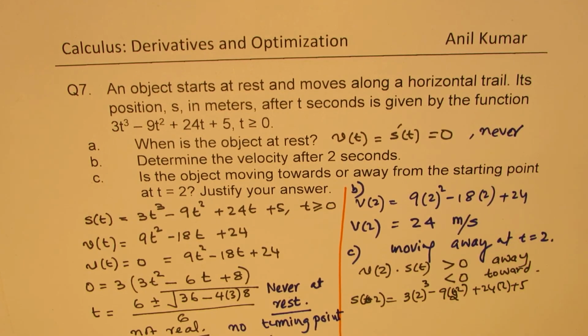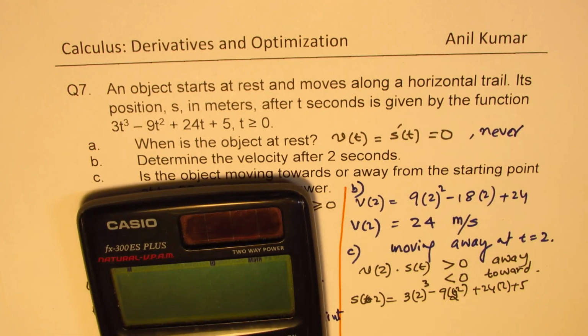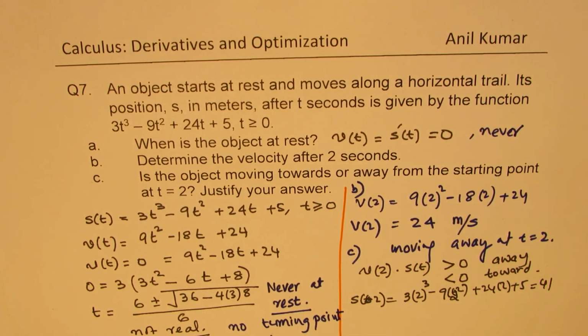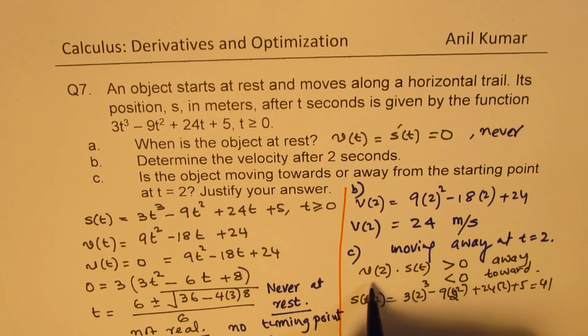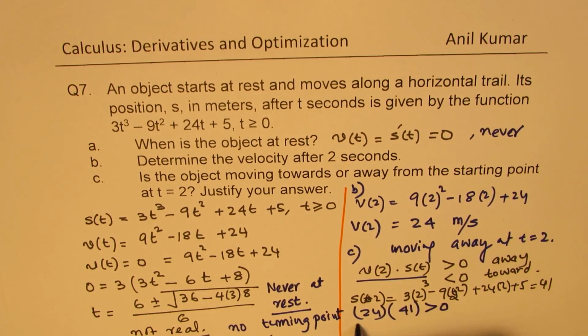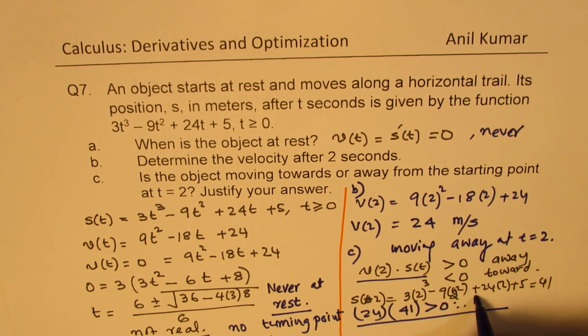Let's put in the values: 3 times 8 minus 9 times 4 plus 24 times 2 plus 5 equals 41, right? So this is positive. In our case, both are positive, so we have 24 times 41, which is definitely greater than 0 and therefore moving away.